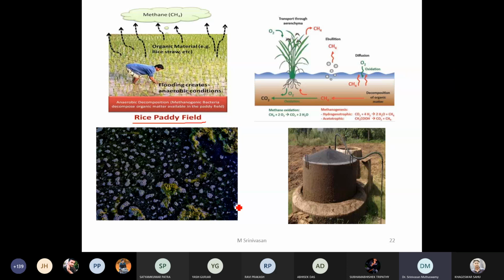And here is a sewage area where we can see small bubbles coming out of the sewage. These are methane gas pockets released by the methanogenic bacteria. The biogas plant is a perfect example of methanogenic bacterial growth, because here they utilize the CO2 present and convert it into methane.